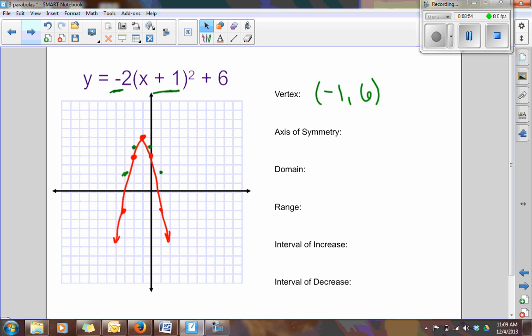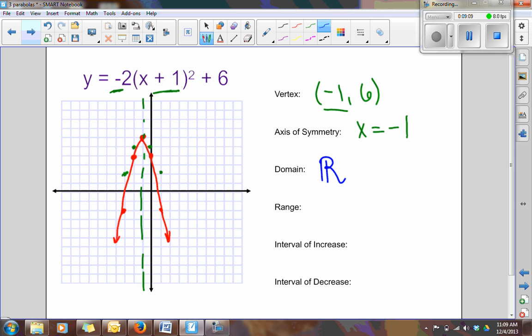Okay, so axis of symmetry, same as the x value of our vertex. So x equals -1, it's this vertical line. Domain of any parabola is all real numbers. Range, whatever our vertex is, and thinking about a is going to help us find the range of our parabola.